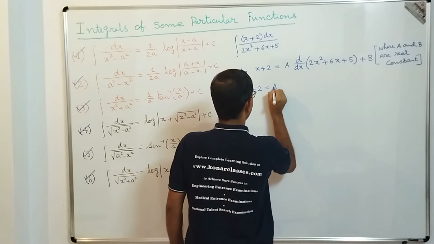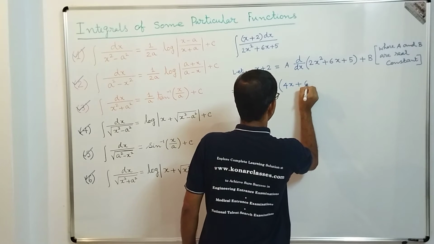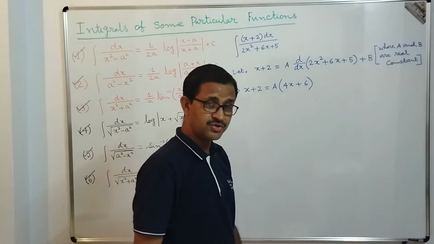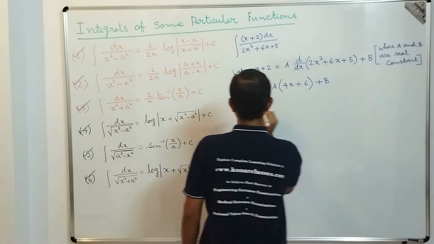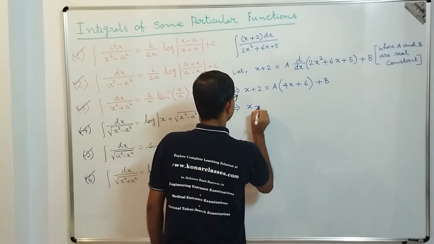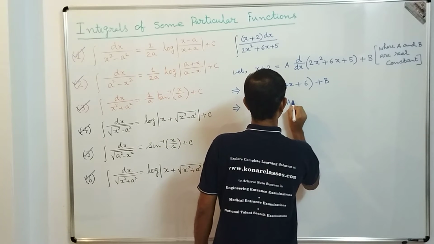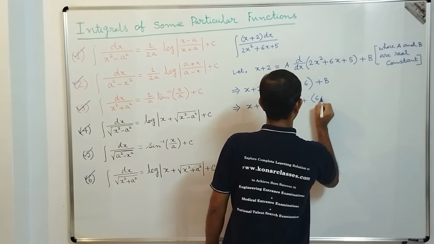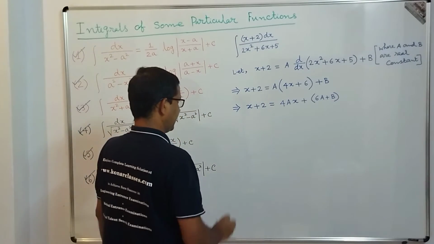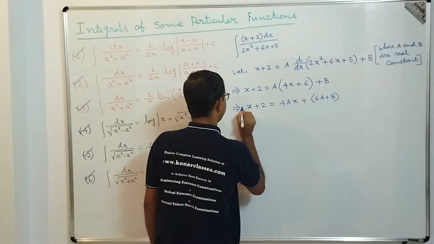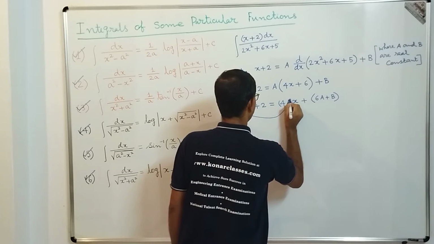Right hand side we get A times d/dx of 2x square, that becomes 4x, d/dx of 6x becomes 6, and d/dx of 5, which is a constant, is 0, plus B. So in the right hand side we get 4Ax plus 6A plus B. Now as it is an identity, the coefficient of x in the left hand side, which is 1, should be equal to the coefficient of x in the right hand side, which is 4A.